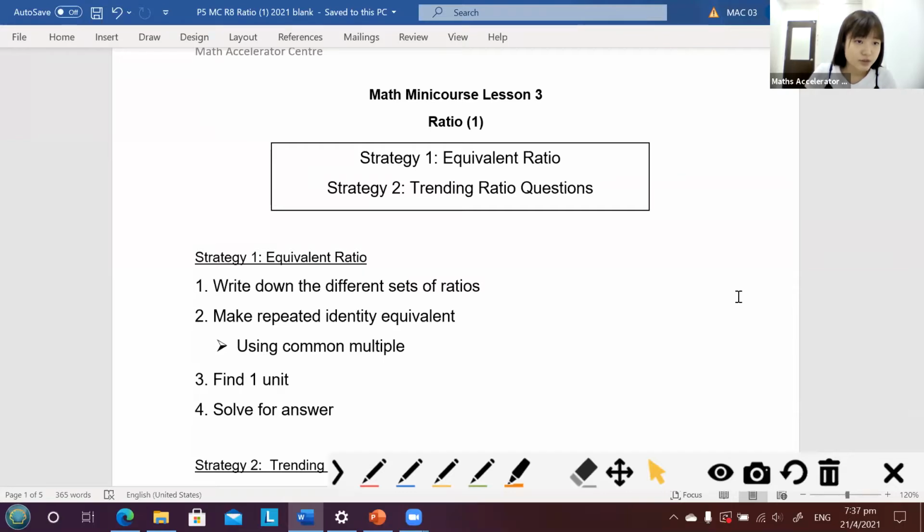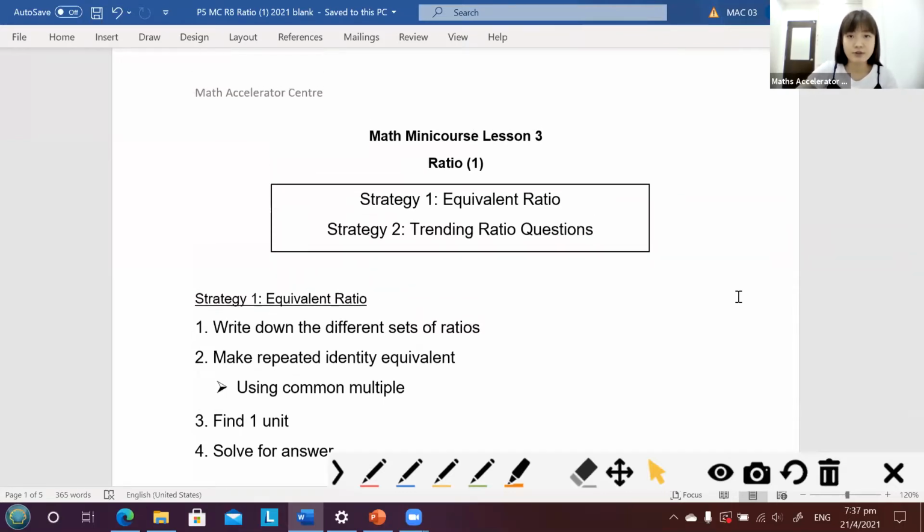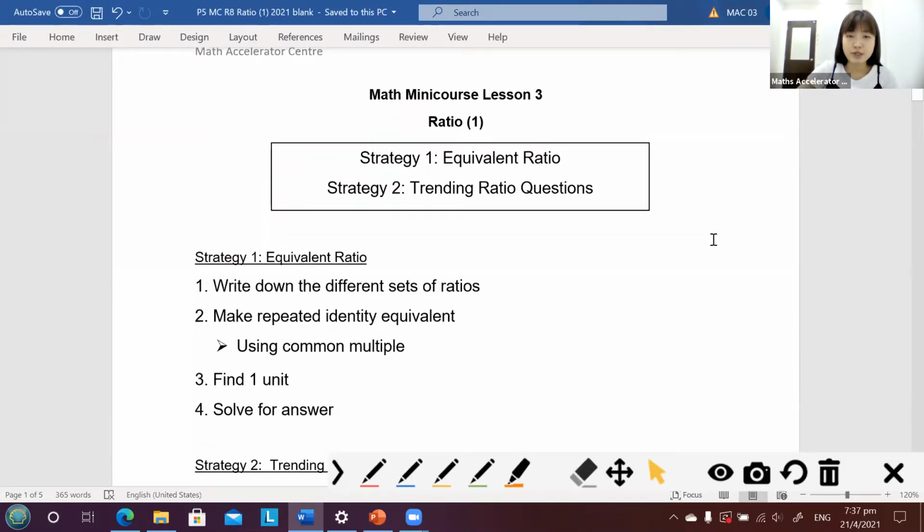Some of you are halfway, some of you just started. Today we'll be doing equivalent ratio. It's not very challenging, so even if you have not learned, you should be able to follow.